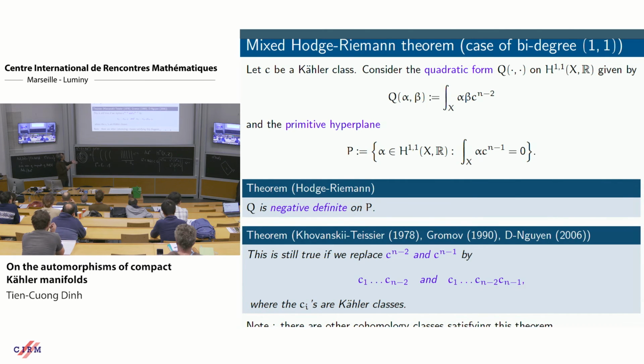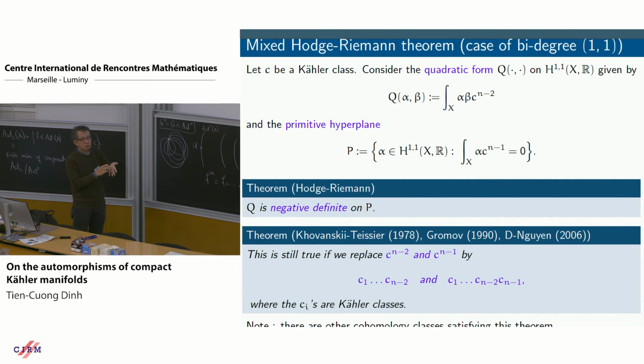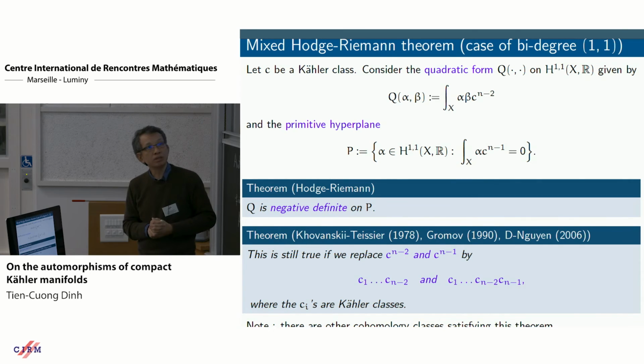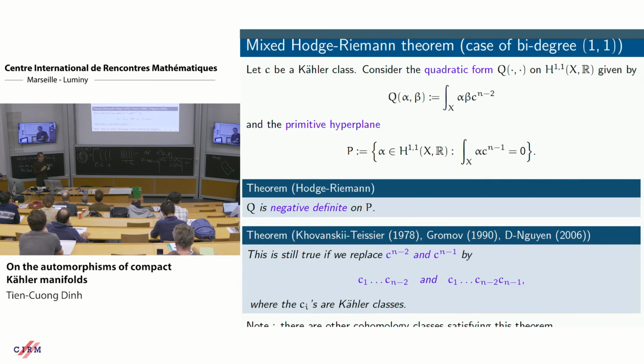So instead of C^{n-1}, you can replace it by C_1, C_2, C_3 up to C_{n-1}. And C^{n-2} you replace by C_1, C_2 up to C_{n-2}. So you have the same theorem. And you also have a version of Hodge-Riemann for higher degree cohomology, and you have the same for those groups.